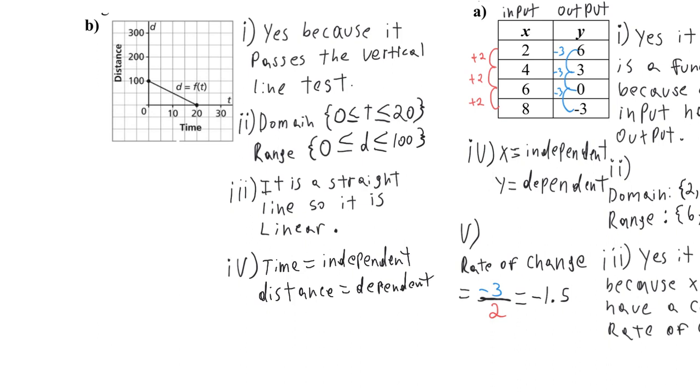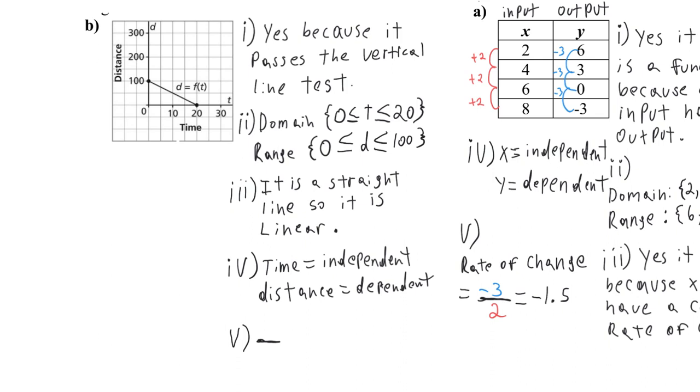And then number 5, the rate of change. So the rate of change, I said earlier, another word we're going to learn for that is slope. And it's how far you travel on the y versus how far you travel on the x. So in this case here, it's going to be in a fraction form. And this line is starting at 100, and it comes all the way down to 0.